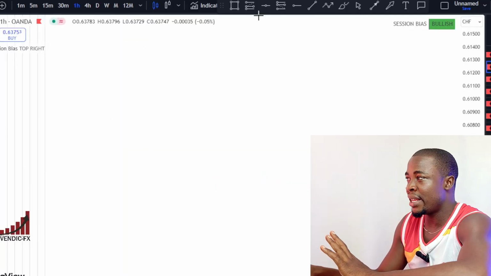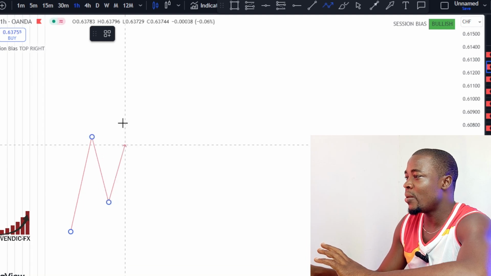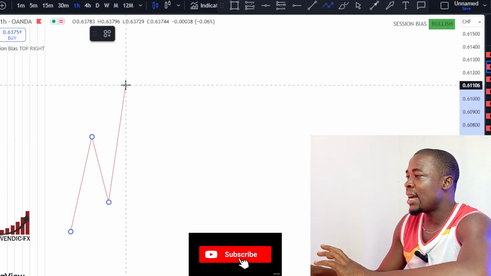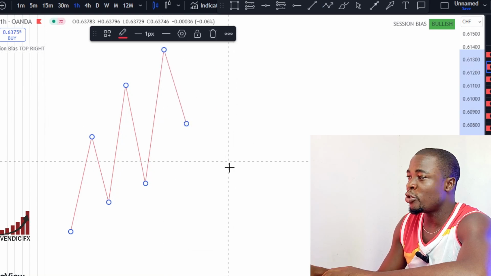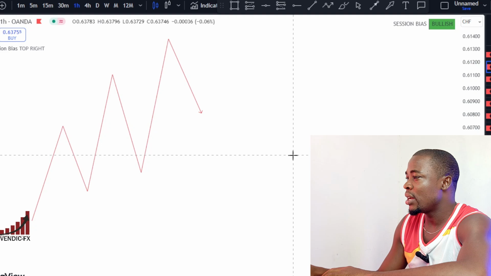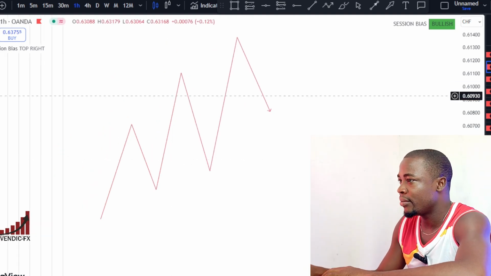So let's get into the chart so that I won't make the video very long. All right, let's go back to the basics of price action. Price action creates a lower high, higher high, and a higher low, higher high and a higher low for an uptrend.